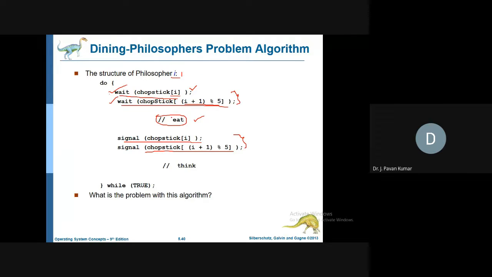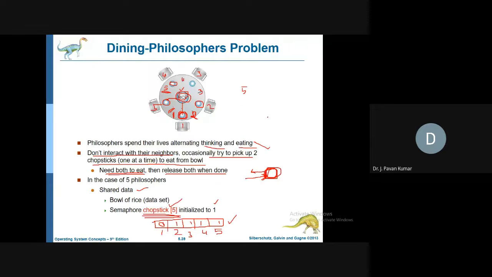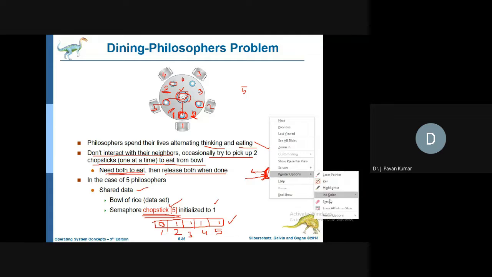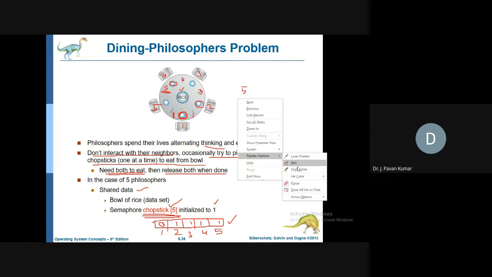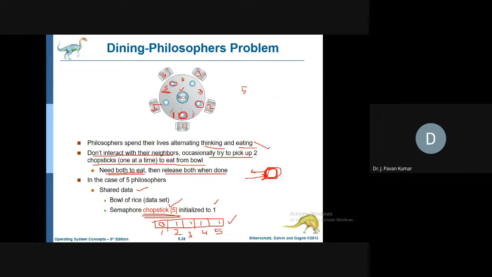Now what will happen here is, let us consider in this particular example, philosopher 1 has taken the first chopstick and he is waiting for the second one, but the second one is held by the second philosopher.